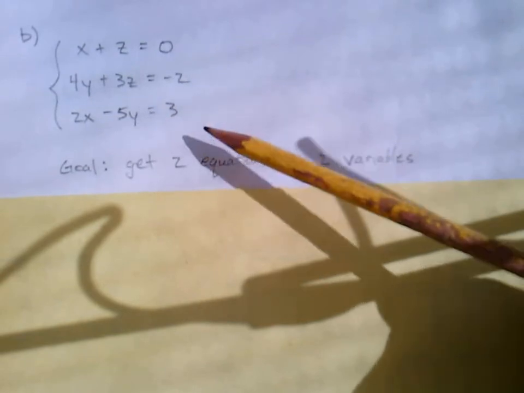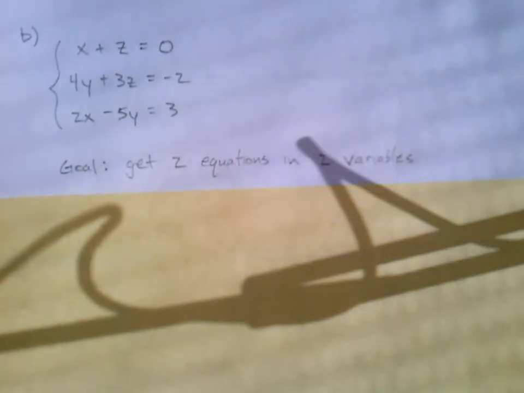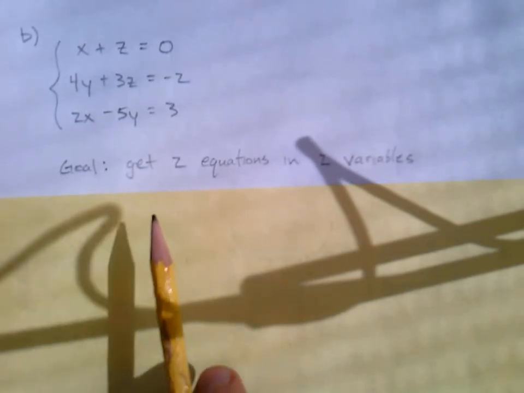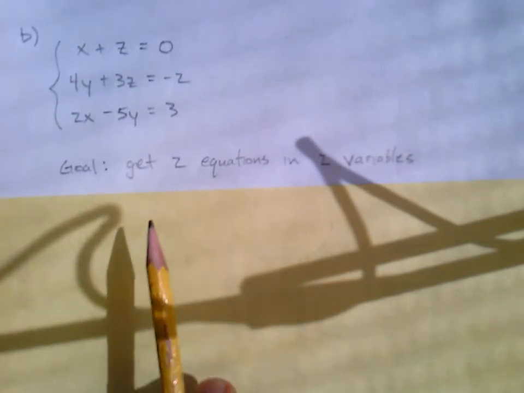But if some or all of your equations are missing some of the variables, it might be a lot simpler. Truth is, there's really no one way. However you get to this goal, get there. Of course, some methods are faster than others, but as long as you get there with all true statements, getting two equations with two variables, it doesn't matter how you do it.